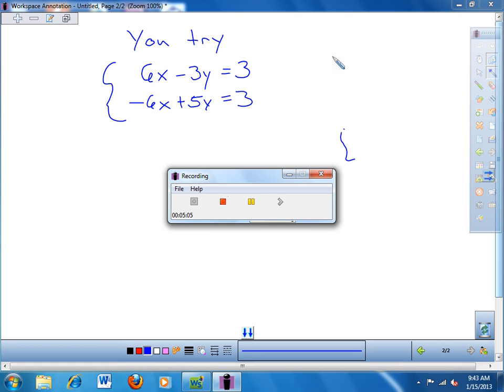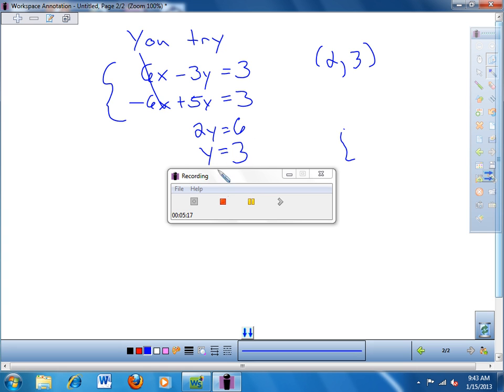If I did it, those cancel out, you get 2y equals 6, so y equals 3. Then you plug into either one, and you would come up with x equals 2. When you write that answer, you write it as an ordered pair, x first, then y.